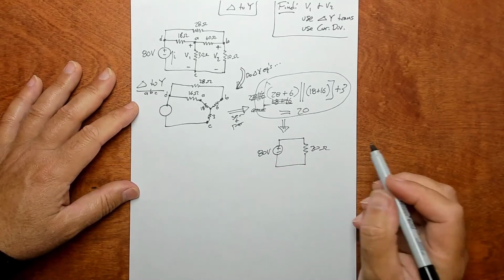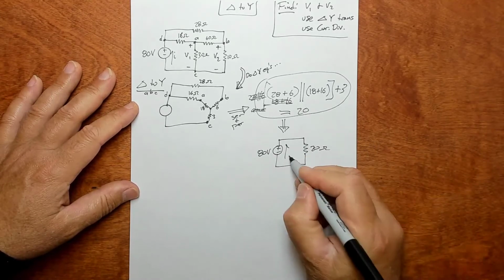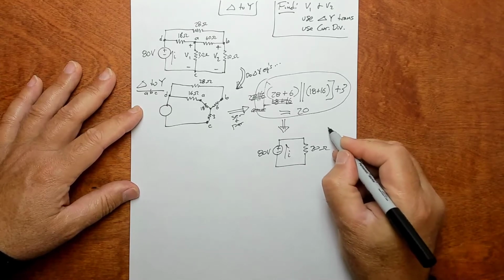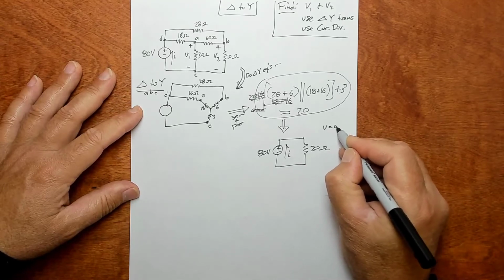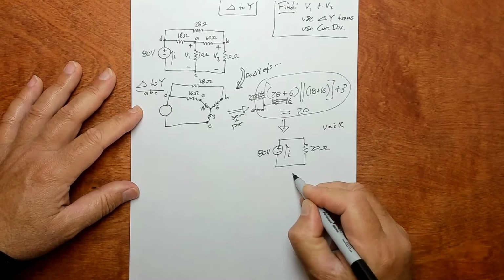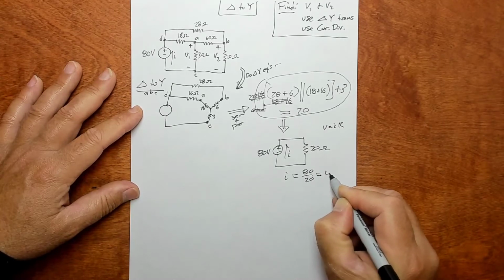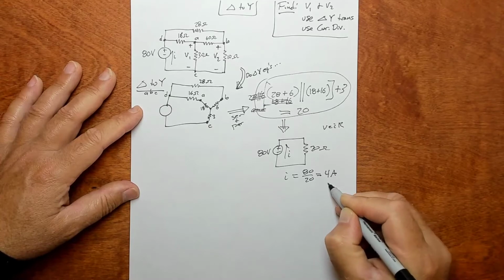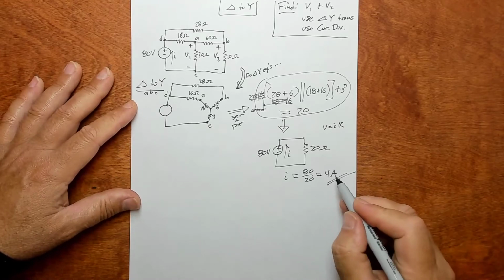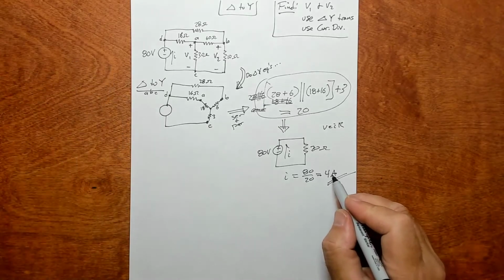And the value of that is we can get I now. V equals IR, so I equals 80 over 20. It's going to be 4 amps. So I is a useful value we're going to need later.